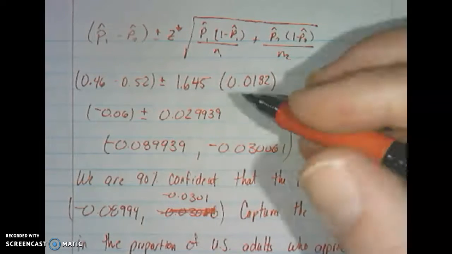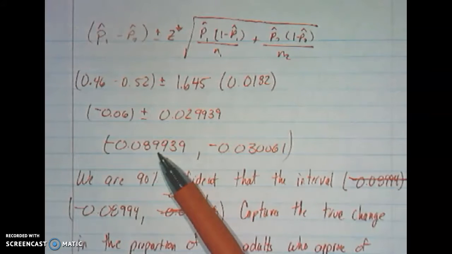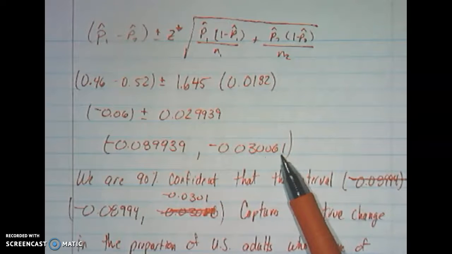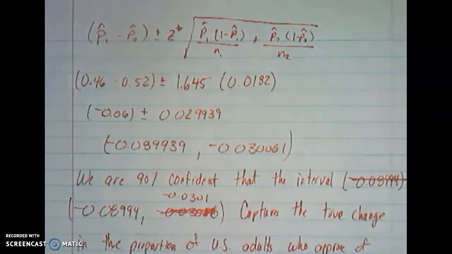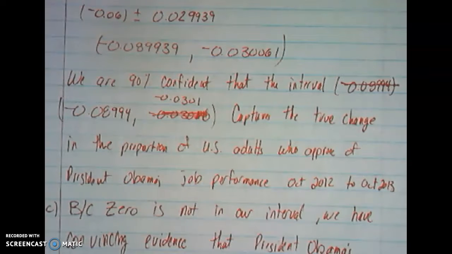So I got an interval of negative 0.089939 and negative 0.030061. Then I say we are 90% confident that the interval captures the true change in the proportion of U.S. adults who approve of President Obama's job performance from October 2012 to October 2013.